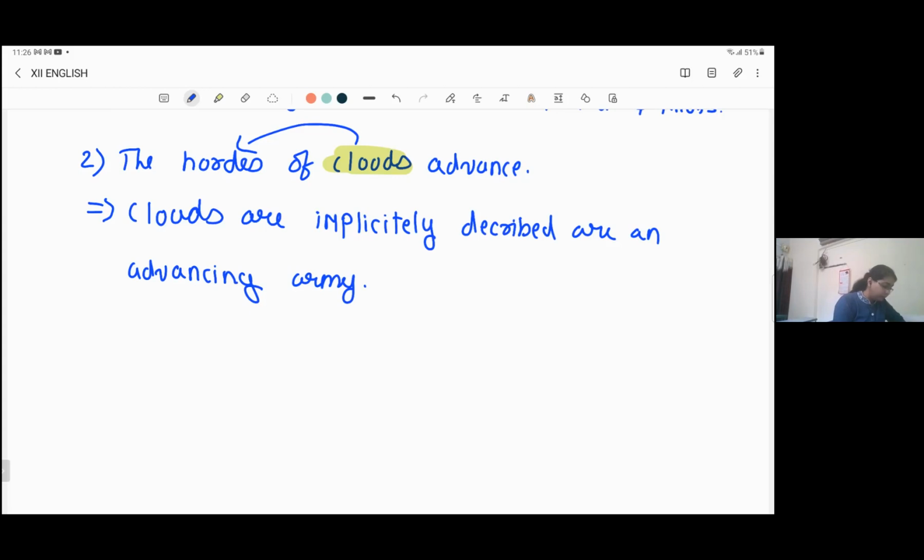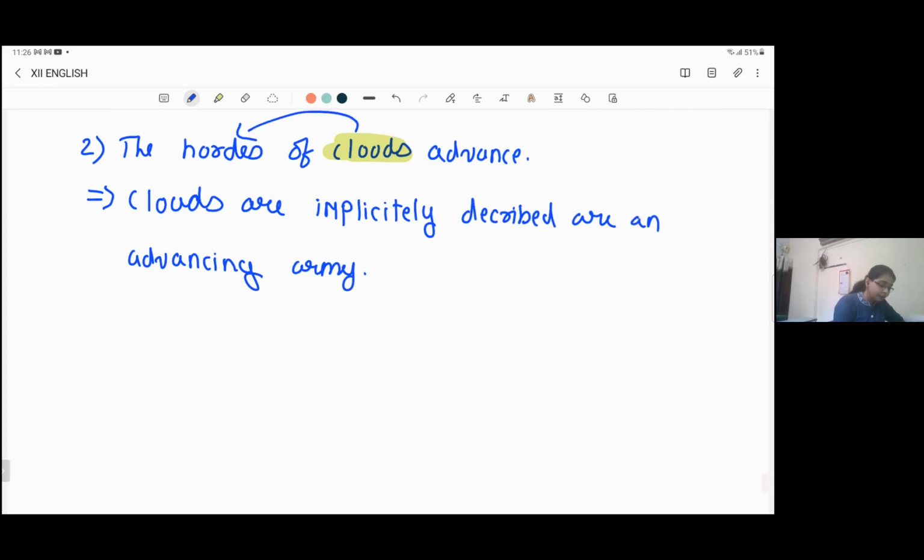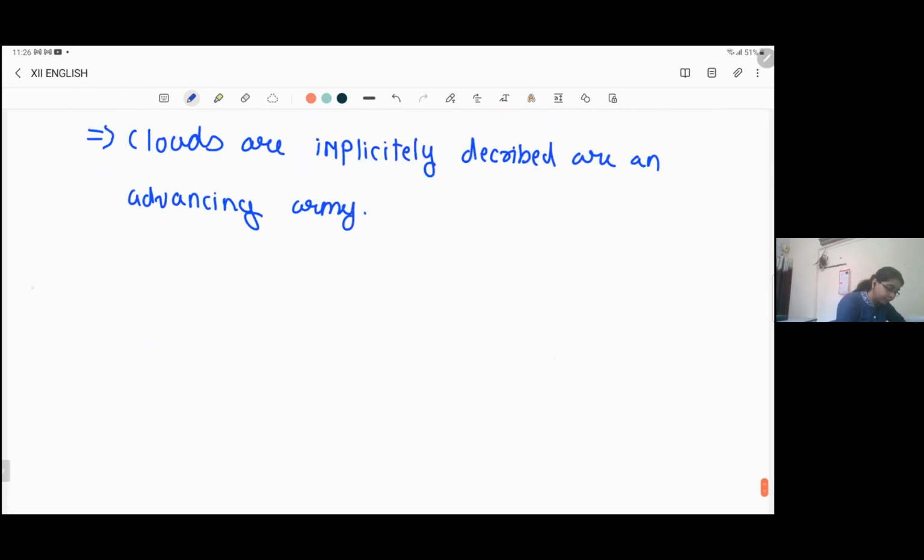Now, next is simile. Simile is nothing but it is based on comparison, a direct comparison.